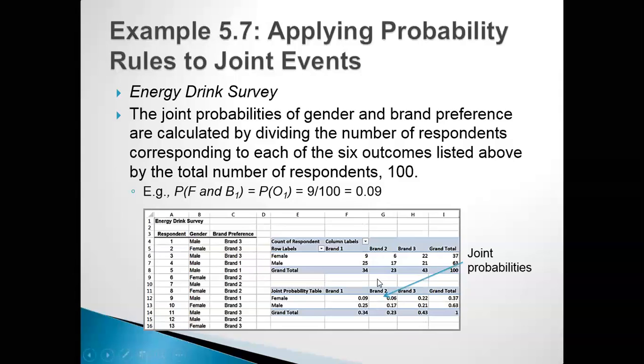So just see here, this is the data, right? Respondent 1 is male and prefers brand 3. Respondent 2 is female and prefers brand 3.